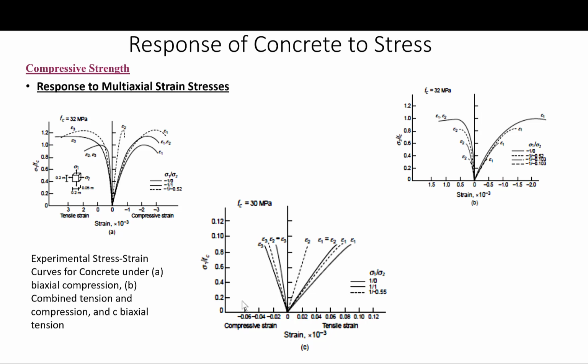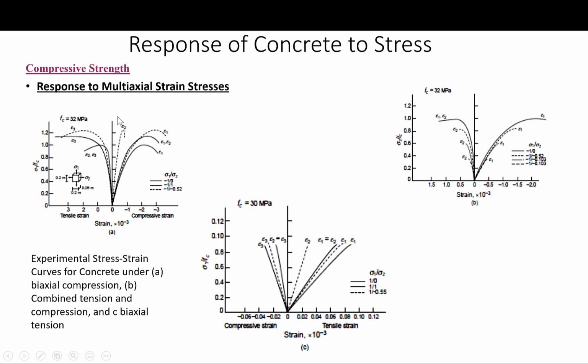So look at these three figures. The figure here shows the typical stress strain curves for concrete under A, biaxial compression, B, combined tension and compression, and C, biaxial tension. The test data show that the strength of concrete subjected to biaxial compression, as in figure A here, as mentioned above, may be up to 27% higher than the uniaxial strength, as you can see here.